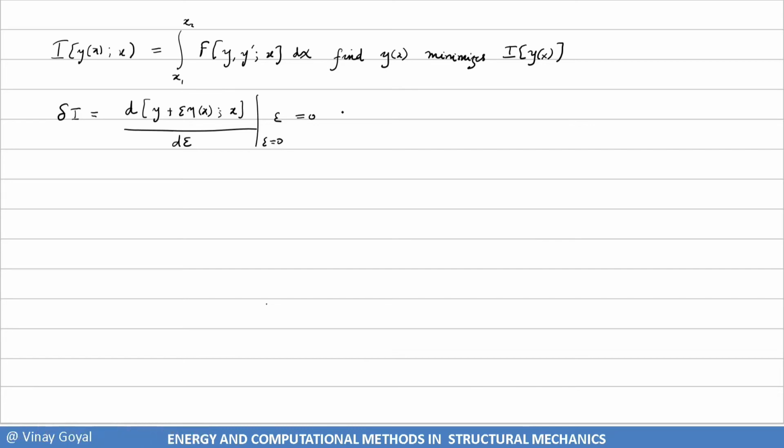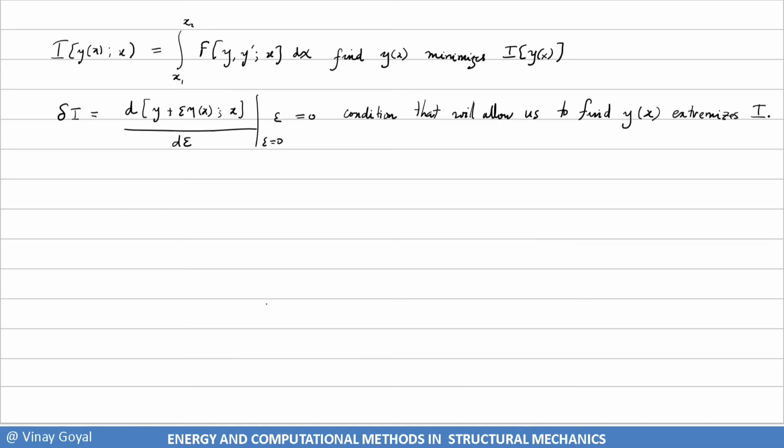This is the condition that will allow us to find y that minimizes or maximizes, it could be either, or extremizes I, right? And so let's see how to do that.